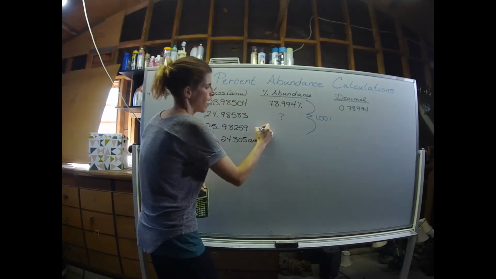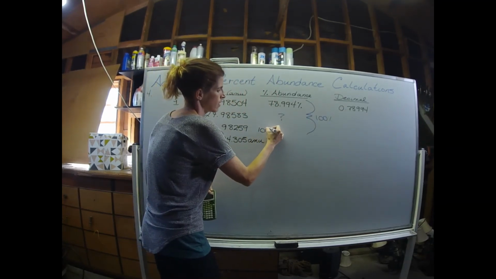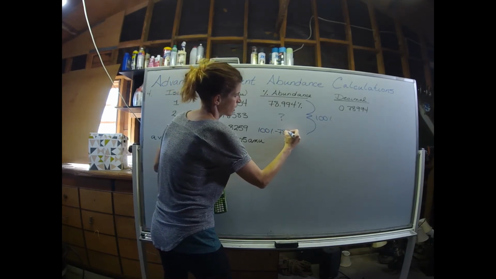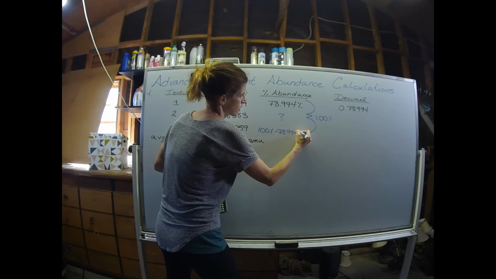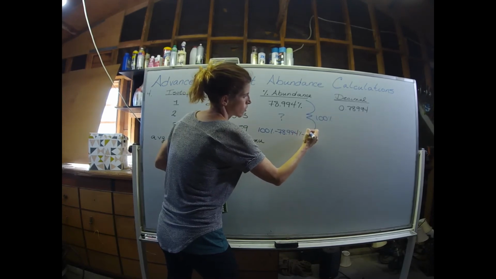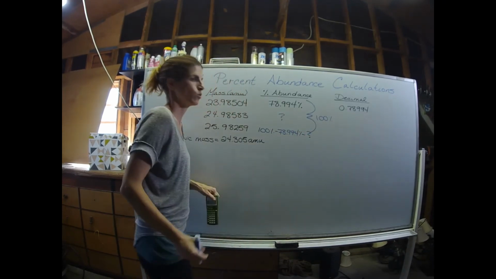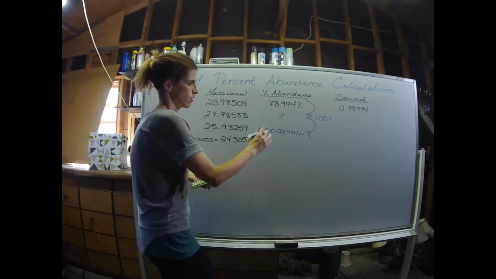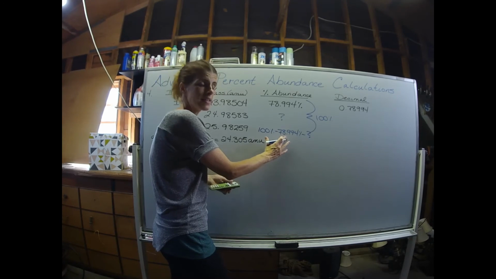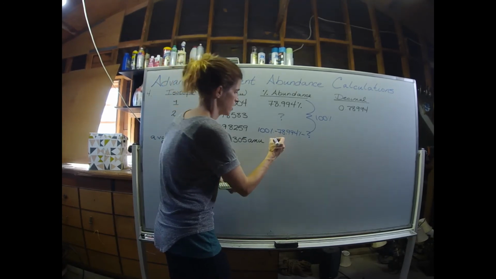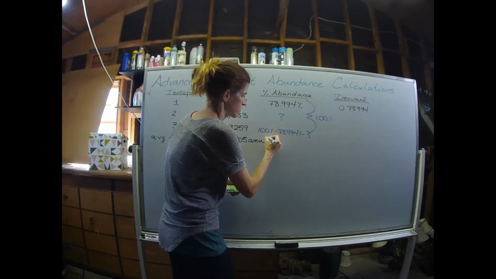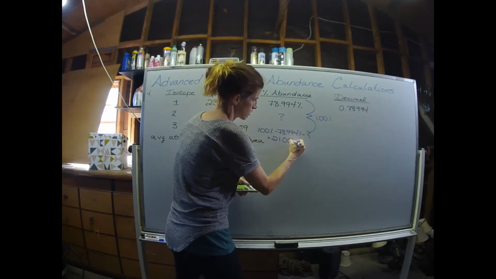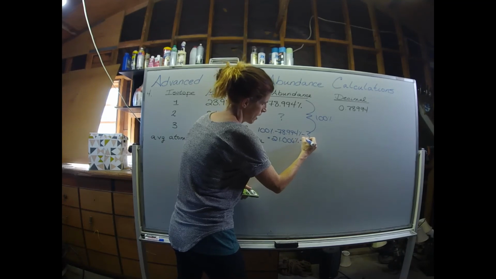So my third value should be 100% minus 78.994% minus whatever the question mark value is. I can simplify this. I can do 100% minus 78.994% and rewrite this to be 21.006% minus question mark.